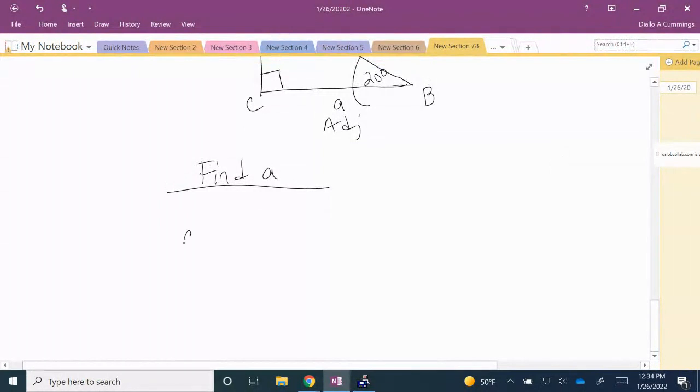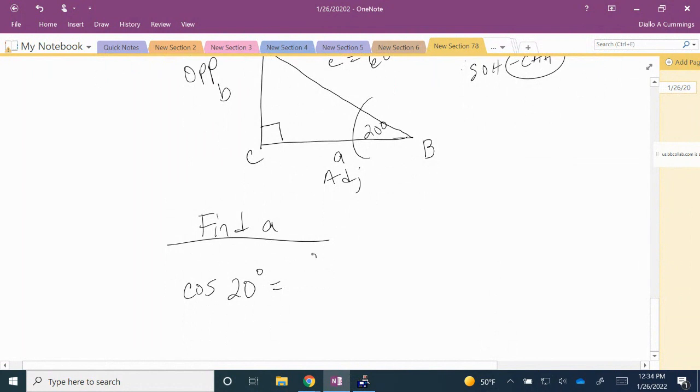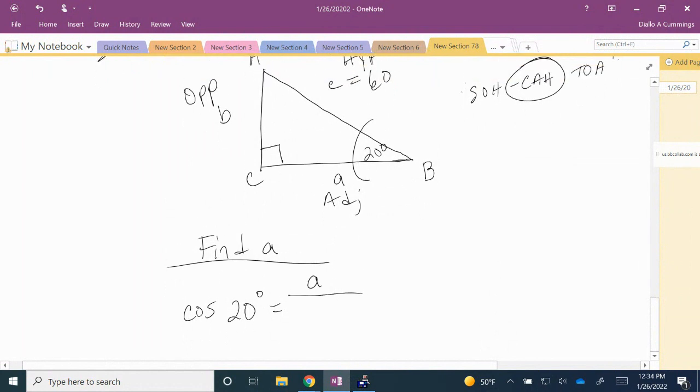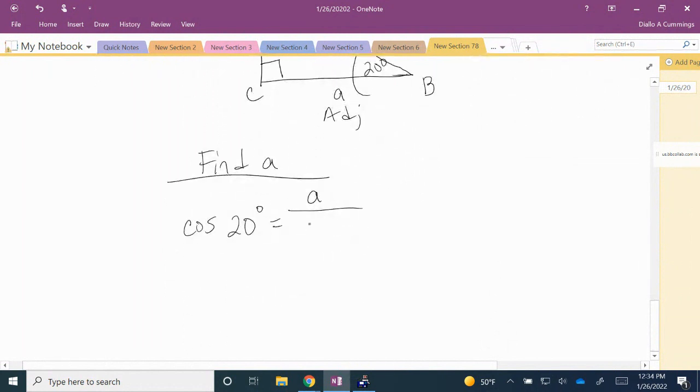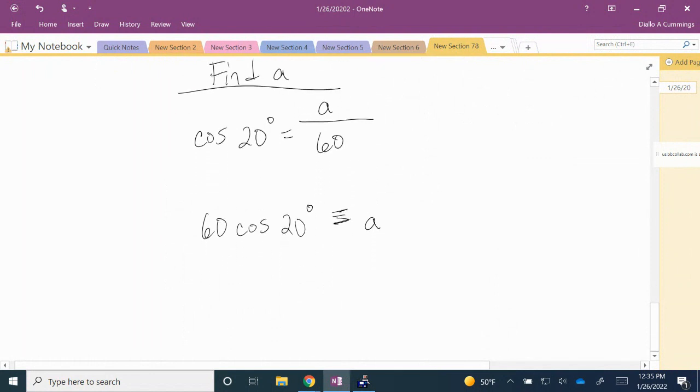So I want to write this out as the cosine of 20 degrees. Chief Sohcahtoa, that's equal to the adjacent, which is the unknown side A, divided by the hypotenuse, which is 60. We're going to solve for A, so in this instance, we're going to divide both sides by 60. We've solved for A, so now we're going to use the calculator.